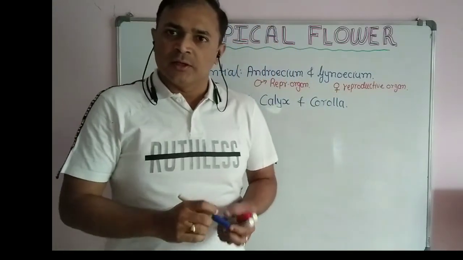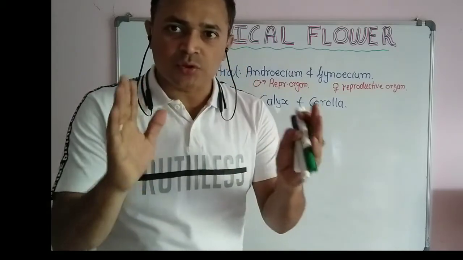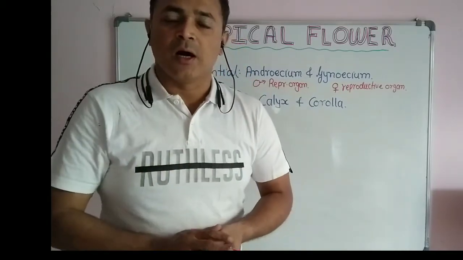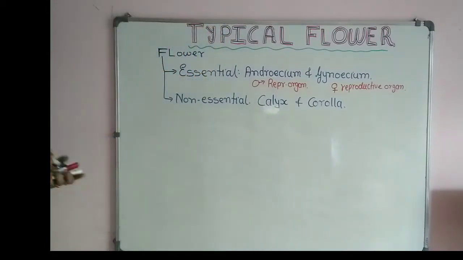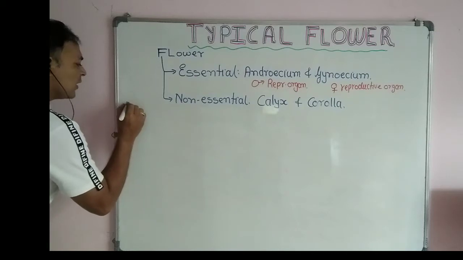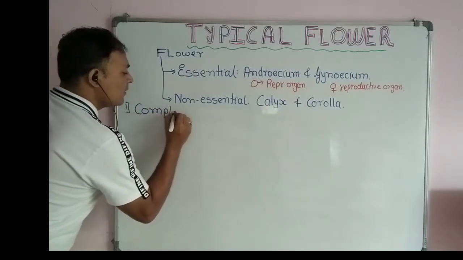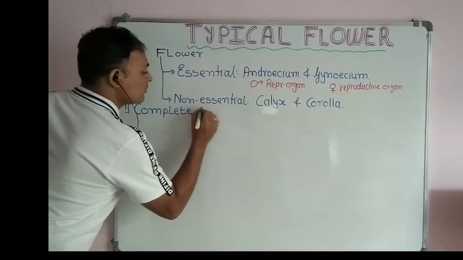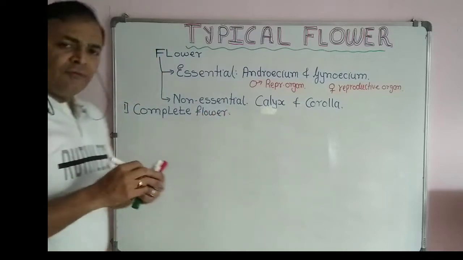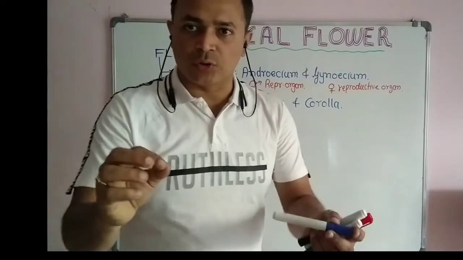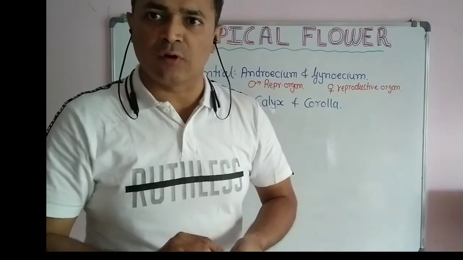Right. Now let's talk about the different terms used to describe the flower. The first one is complete flower. A flower which has both the essential as well as non-essential floral whorls.